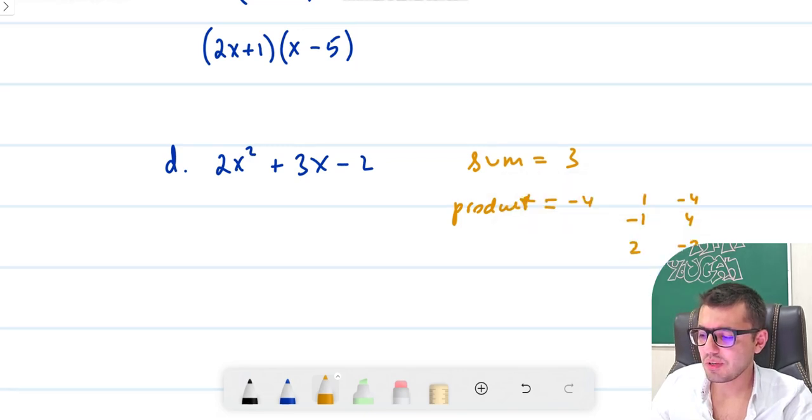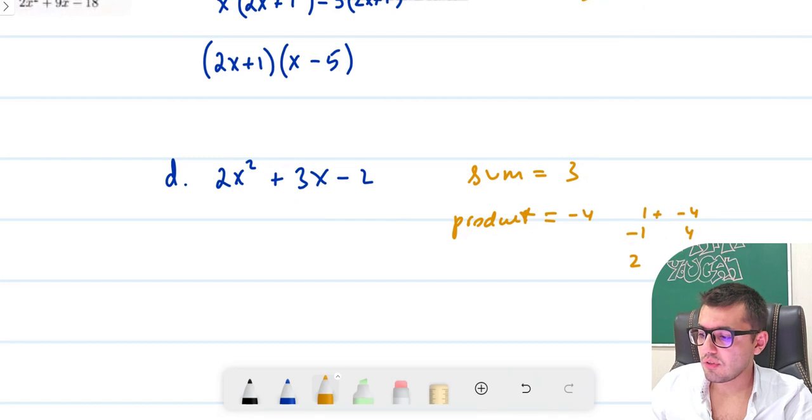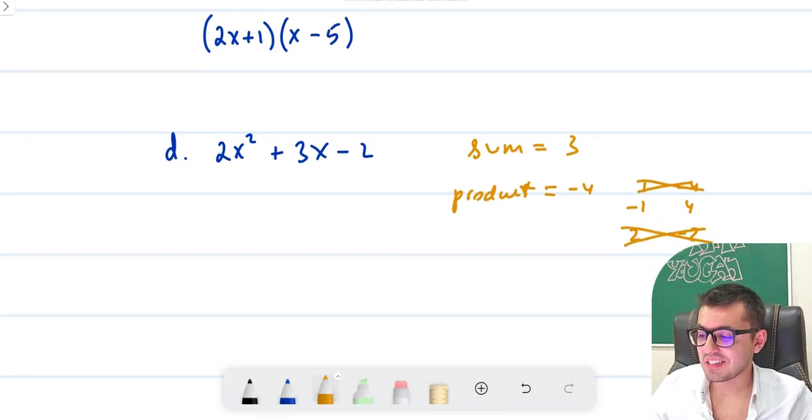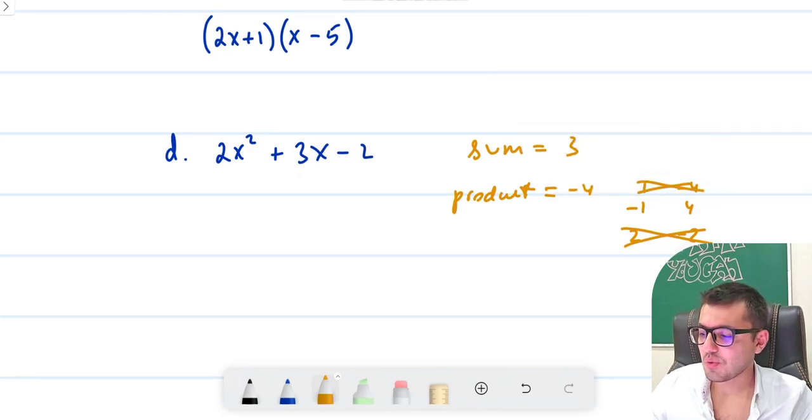This is the same thing as this one. So what's the sum of these numbers? This one will give you -3, right? This one, when you add them, will give you 3. So I don't need the first, and this last one is funny because you will get 0. This is not what I need. I need 3. So that's why this is the pair that I need.